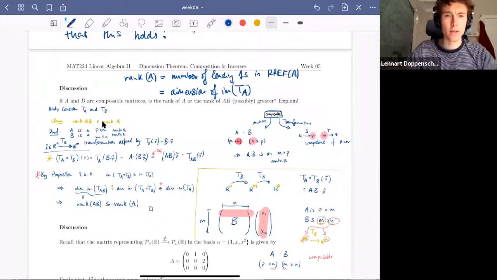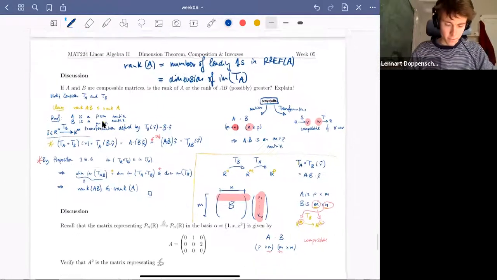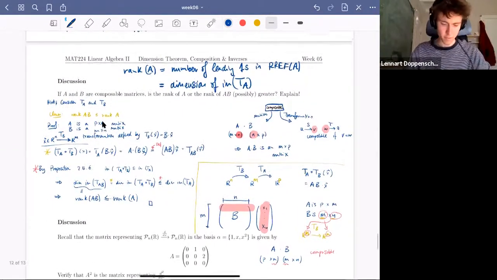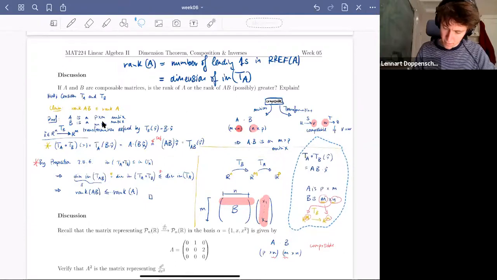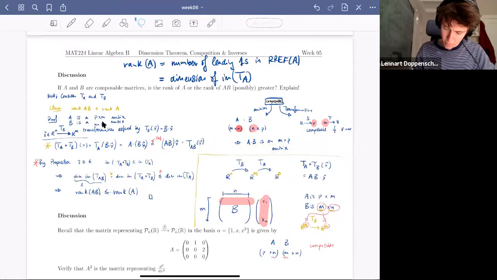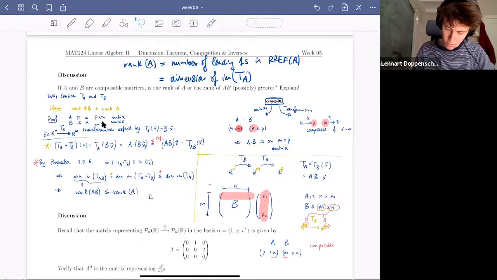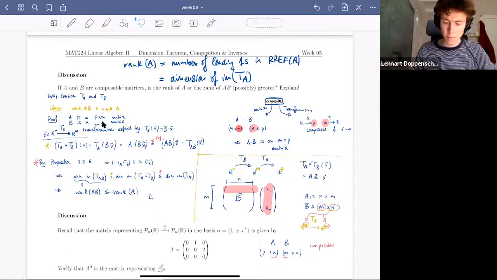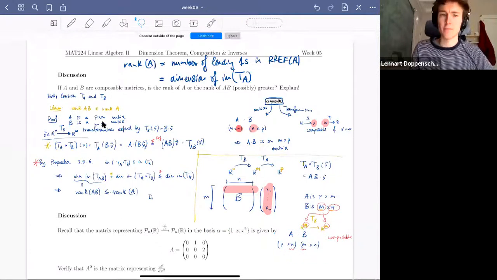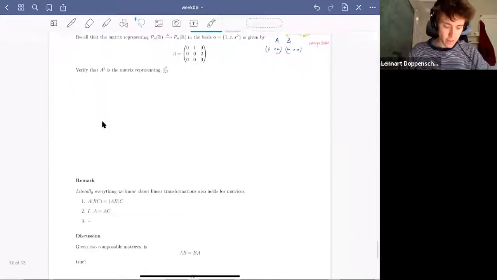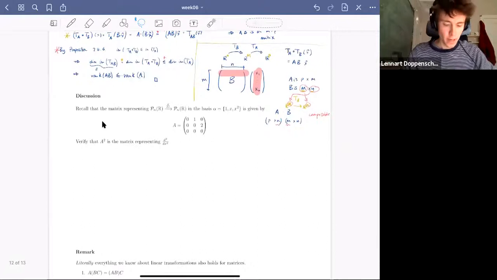Any other questions? Yeah, okay, so the lecture time is up, and the only thing left in this section, which we're going to start with next week, is looking at an example.